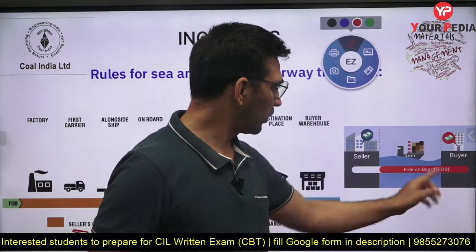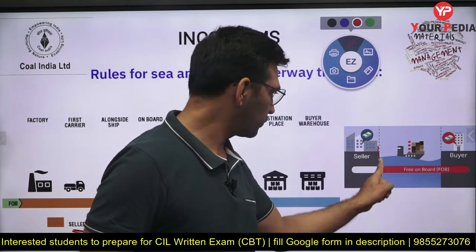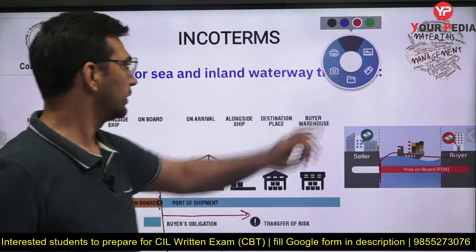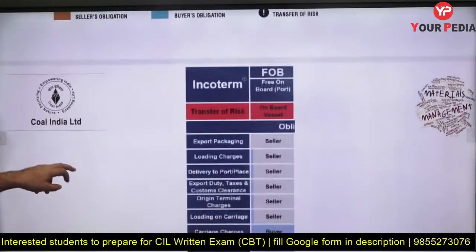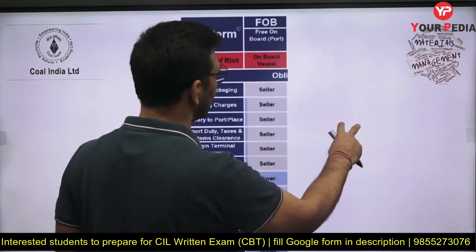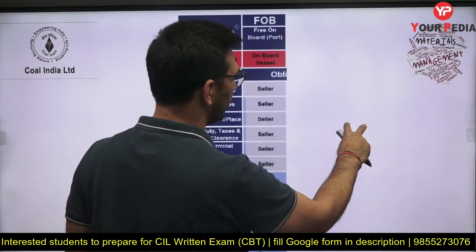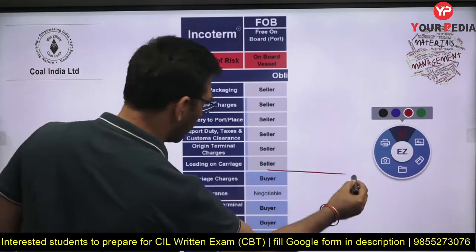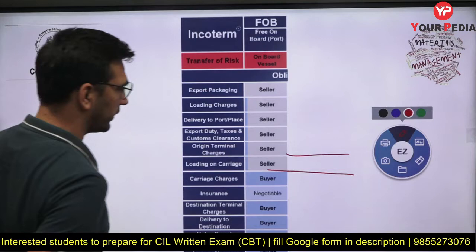If you see free on board, that means the seller is responsible up to this point, and after that the buyer's risk starts. I have already explained which additional term gets included on the seller side. See this point now. Earlier FAS was this point, right?